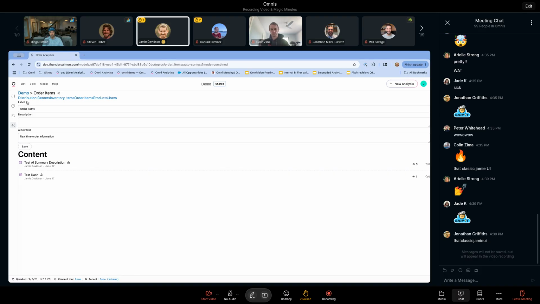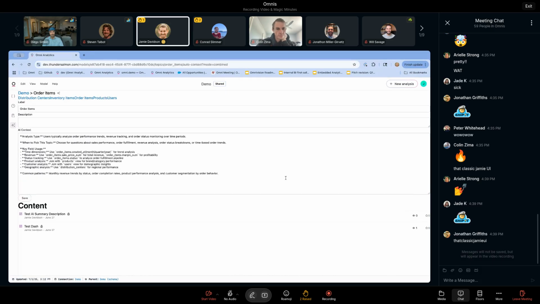I've tried to push the LLM to only inject the context at the right level, and certainly not have duplicative stuff. But the rough idea is, and you can tell this UI is hideous, that we're generating the metadata for it, and it will automatically generate this AI context.